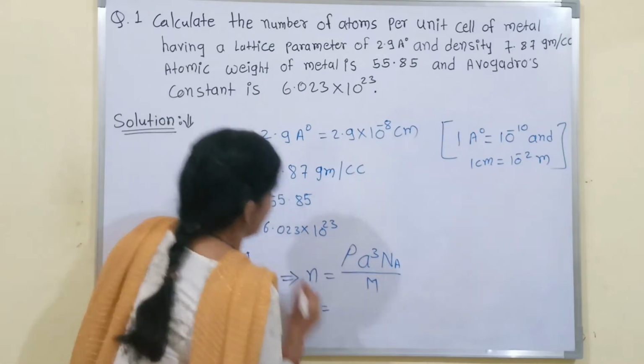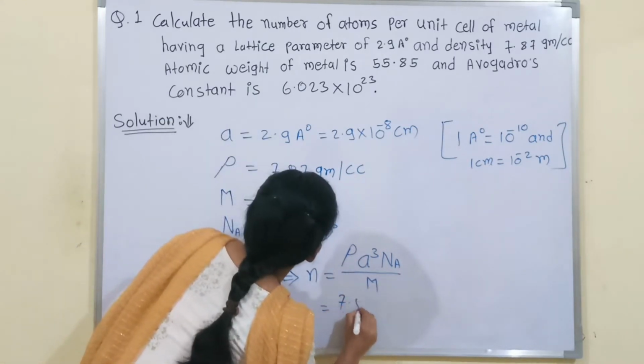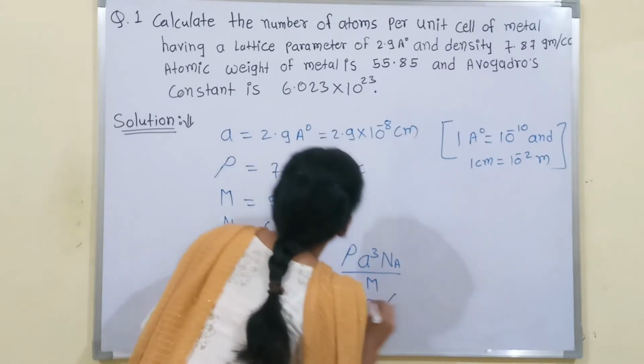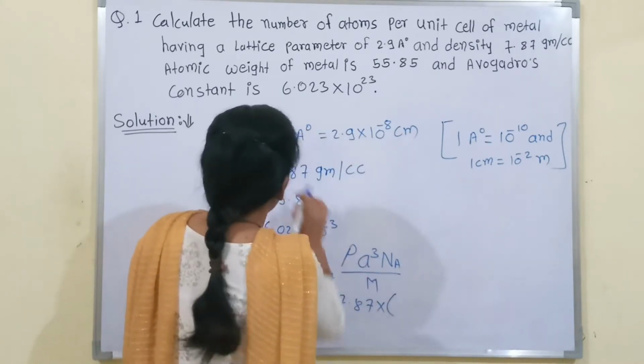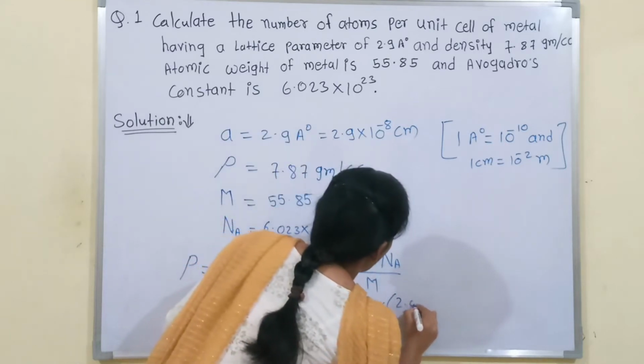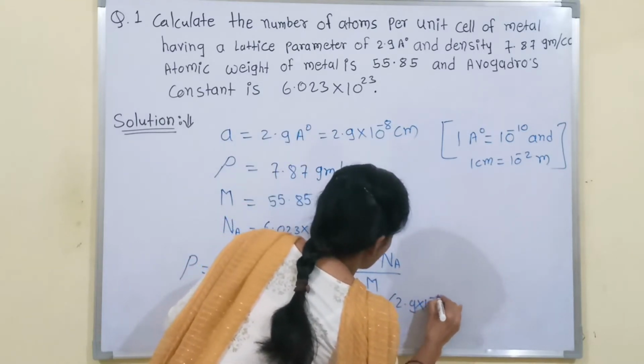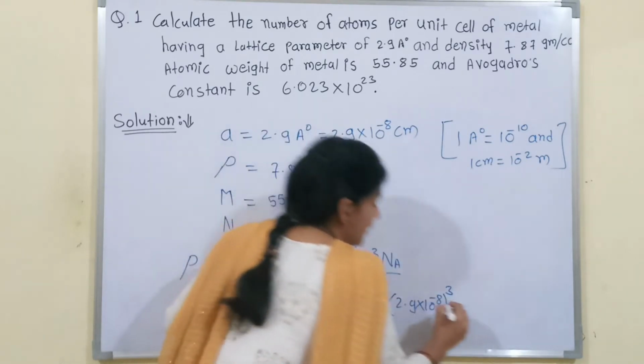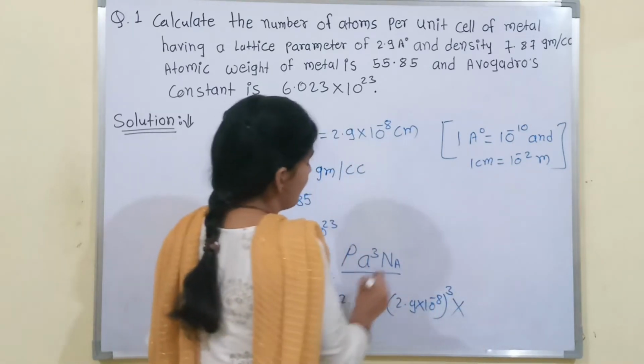Simply put the whole value in that formula and we will get atoms per unit cell. What is rho? Here we can see rho is 7.87 into, in bracket, what is a? a is 2.9 into 10 raised to minus 8, and here a cube, so we can write bracket cube. Okay, what is Na?